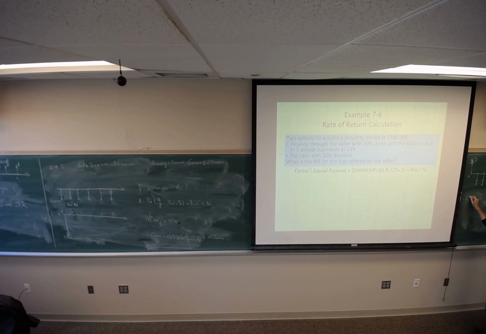It's going to be positive 270,000 minus 60,000 minus 66,576 times P over A, i, 5, equals 0. 270 minus 60 is going to be positive 210,000, negative 66,576 times P over A, i, 5. Set it equal to 0 and find this i.